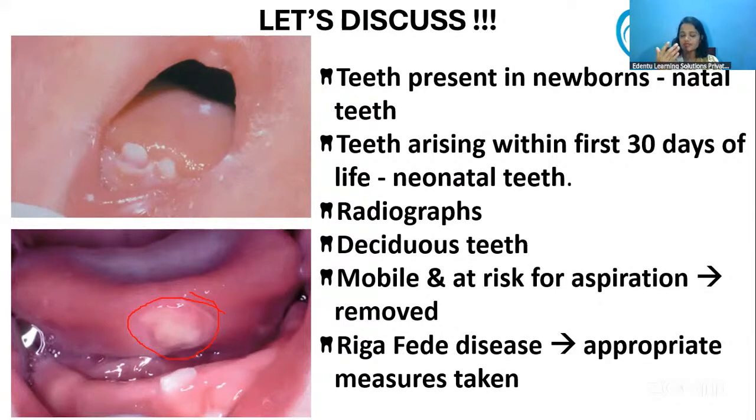For Riga-Fede disease, appropriate measures can be taken, like grinding of the teeth, or antiseptic creams can also be prescribed. If it is mobile and there is a risk of aspiration, only then do we usually extract the natal tooth. Otherwise we leave it as such. That's the treatment usually taken for natal teeth.